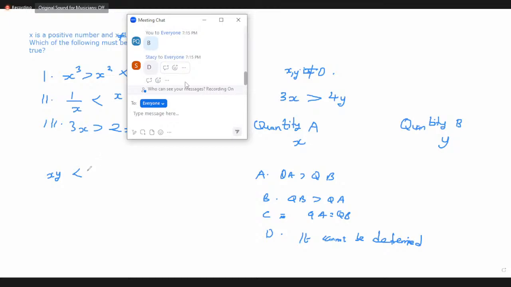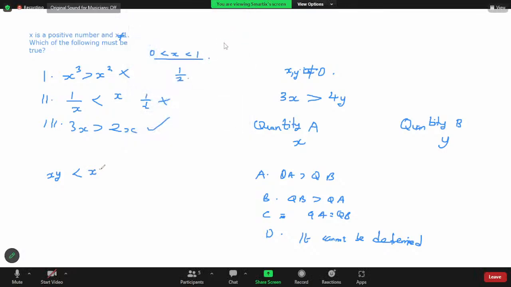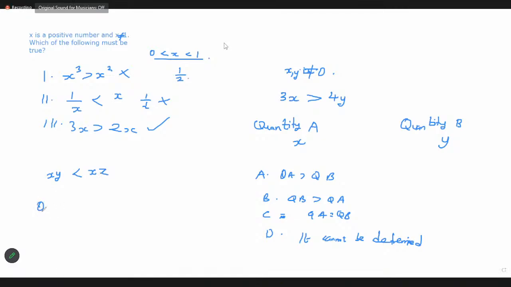So in this case, if you see something like this, where quantity A is y and quantity B is z, and you are told that x, y, and z are not equal to 0.